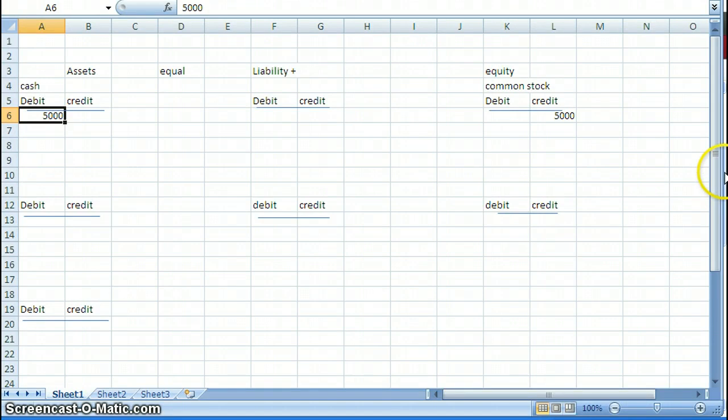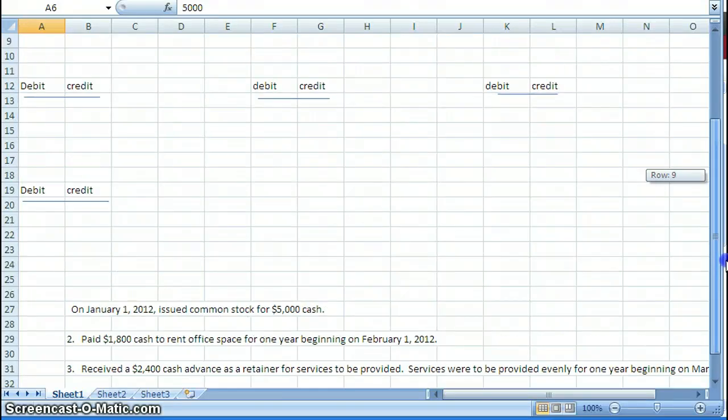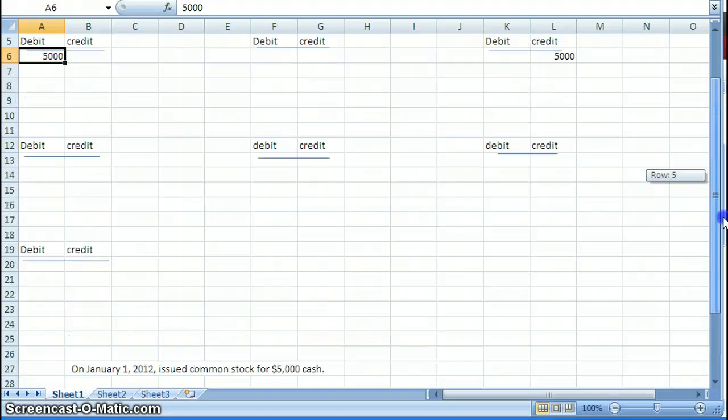The next transaction is that you're paying $1,800 cash to rent office space for 1 year. So what's happening is you have a landlord who wants cash up front for 1 year. So on February 1st, you're going to pay cash.